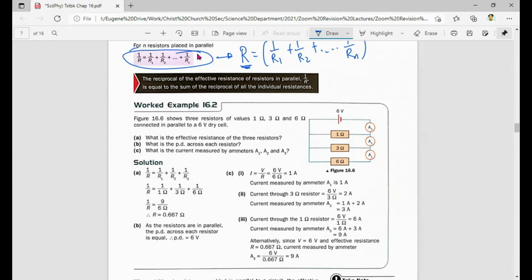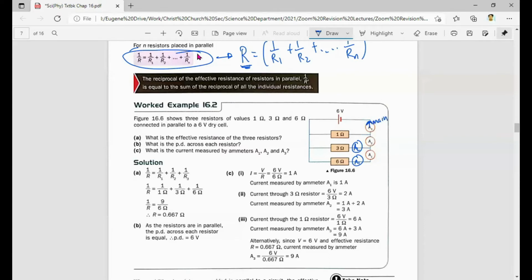A2, if you put it here, is equivalent to measuring the current flowing through the 3 ohm. A1, imagine it's placed here. A3 is measuring the current, the main. A3 is measuring the main.